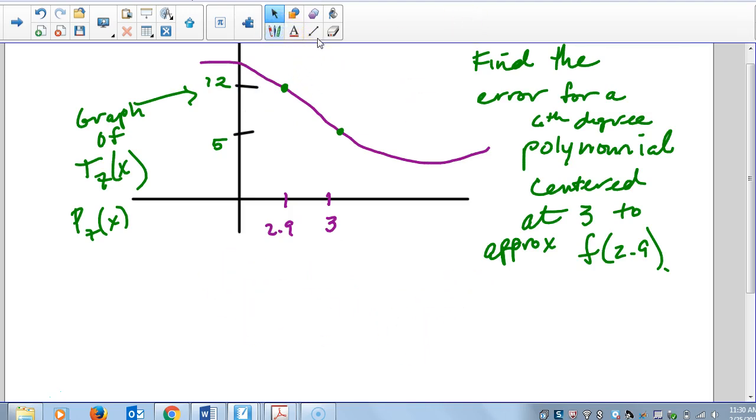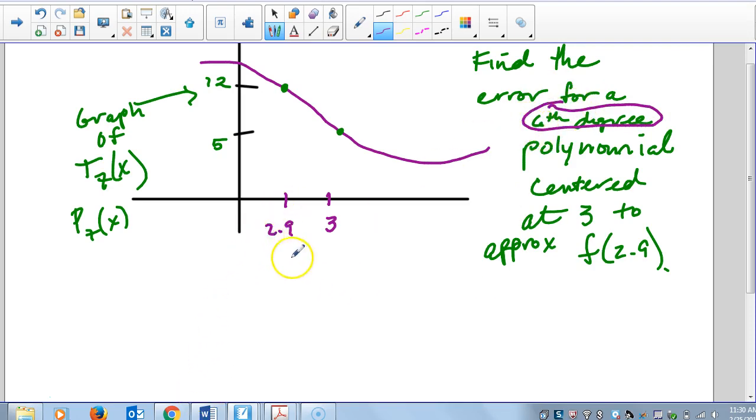Well, that's a good thing because I need the maximum of T7 to know how to stop at a 6th degree. So in this case, now remember the error, it'd be nice if I wrote error, R. It's actually one of the ways that you write it, but I'd rather just write words.